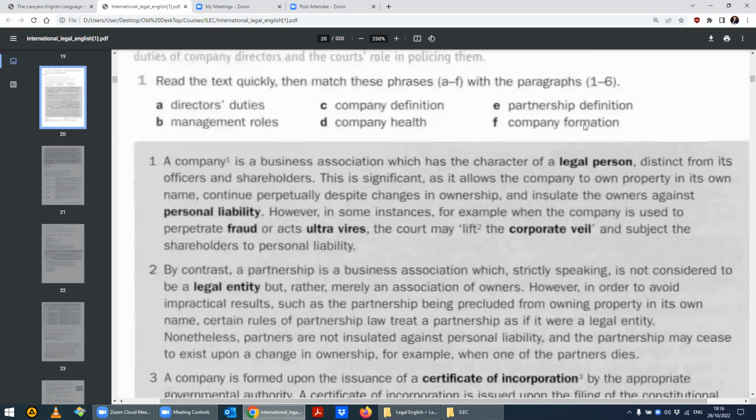So the first thing I should tell you about company law in the common law countries is this. Company law has been around an incredibly long time. The oldest existing company in Western Europe is the Kuperberg Mining Company from, I think it's Norway or Sweden.